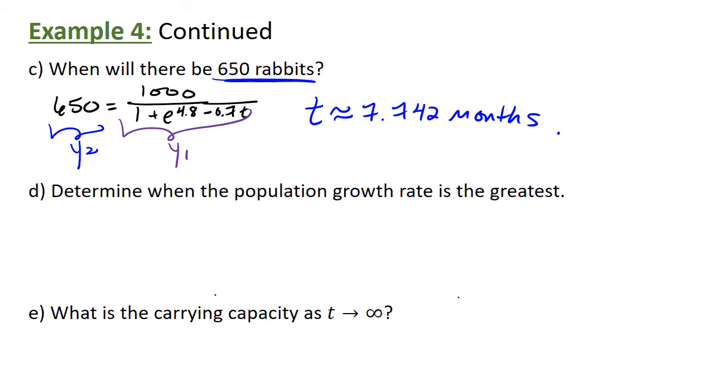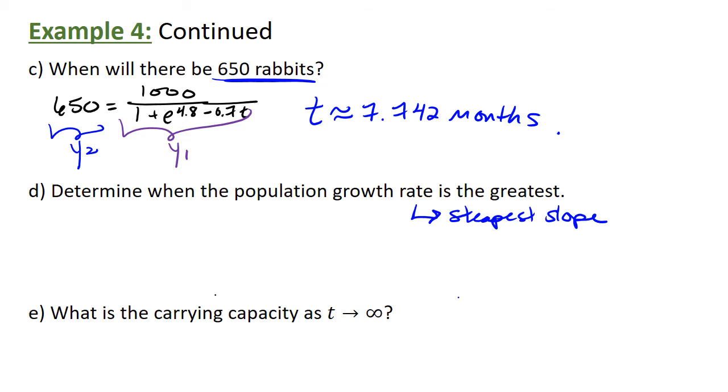Now we want to determine when the population growth rate is the greatest. So remember, the rate talks about the slope. So if I want to find when the growth rate is the greatest, I want to find the steepest slope. There are a few ways you can do this.